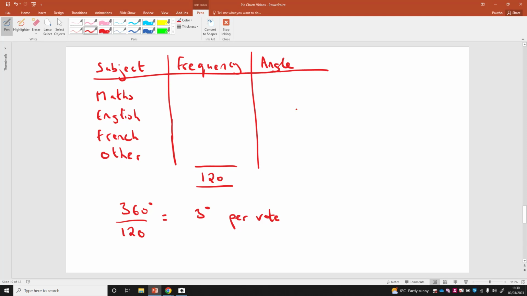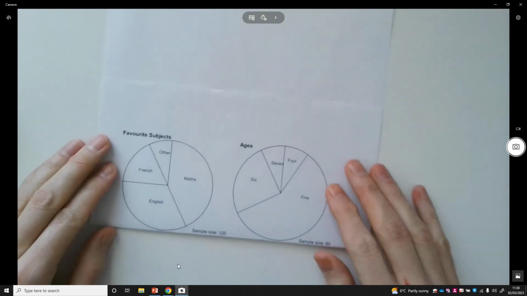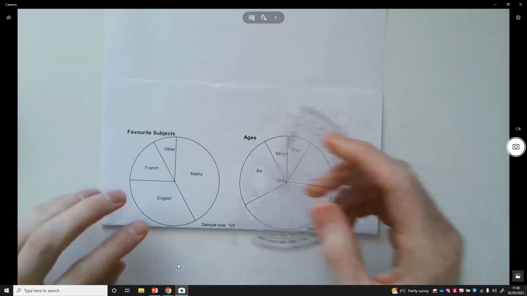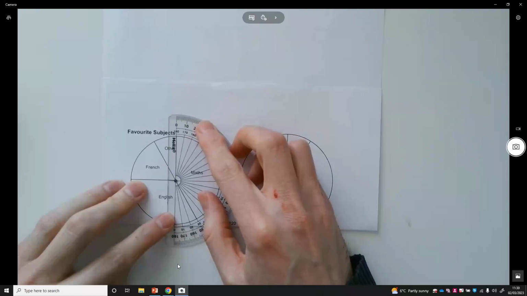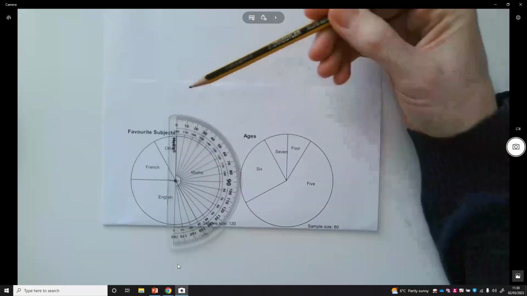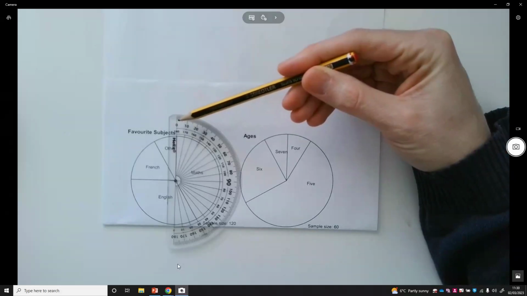Excuse my quick equipment change again. If I change to the camera and focus again, let's measure the maths angle first of all. Remember last video we said that you must have your protractor centered on the 0 line, which for maths is at the top, and using the outside scale because that's the relevant 0.